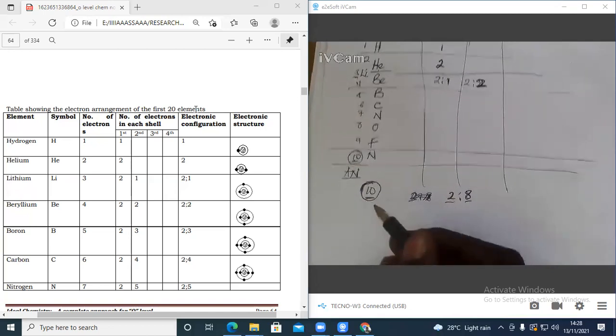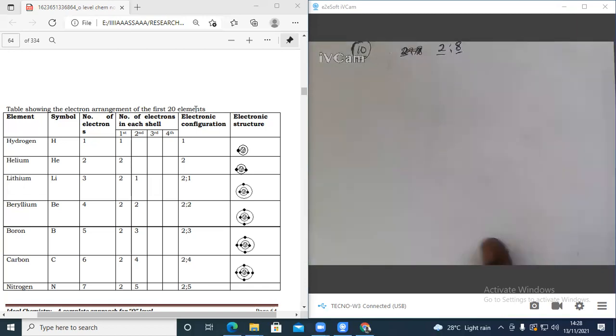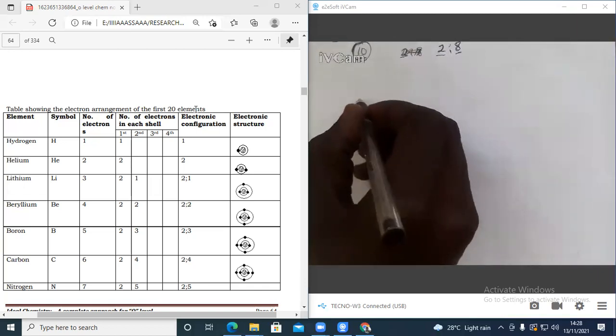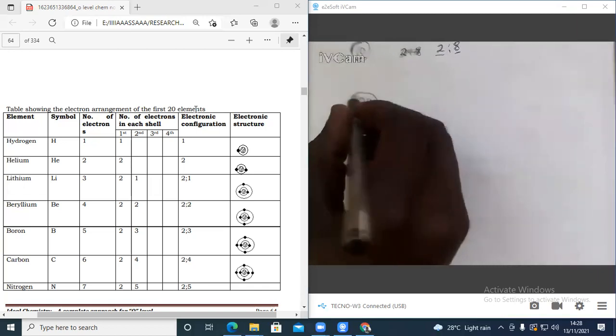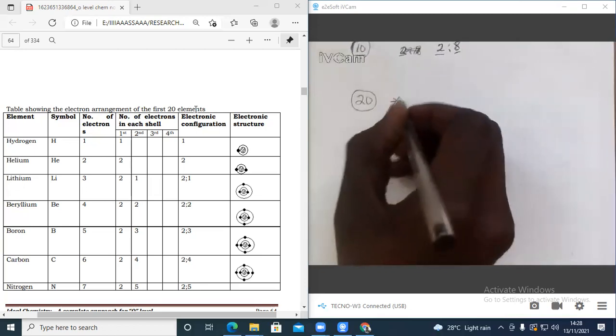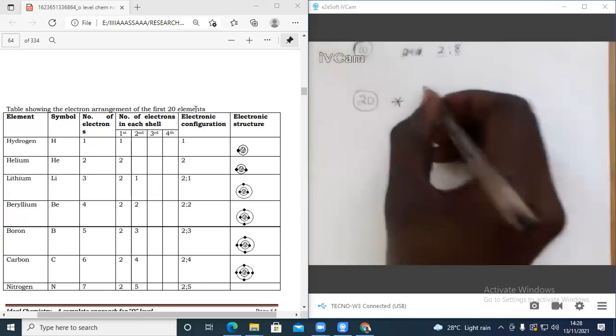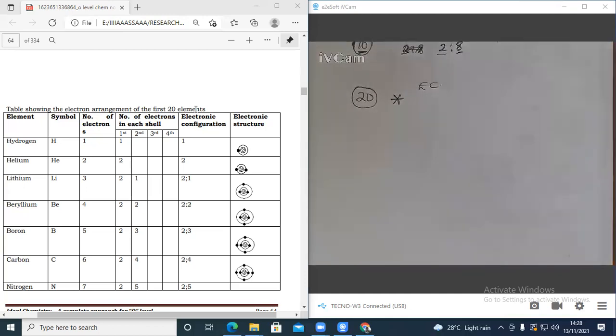If something has atomic number 20, what is its electronic configuration? Two to 8?